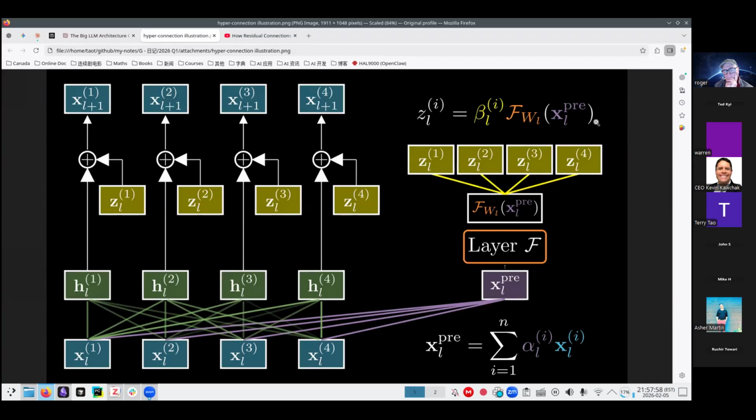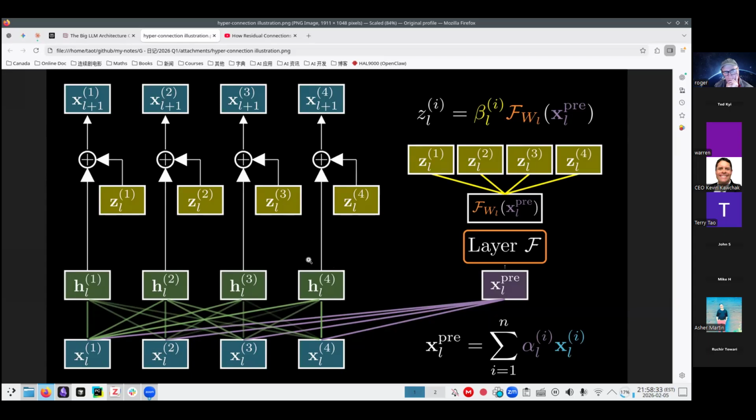We multiply them, it's just producing a matrix out. So you can think of them as expanding the layer output into four residual streams, and each of them is merged into the incoming residual stream, which is X, those four X.